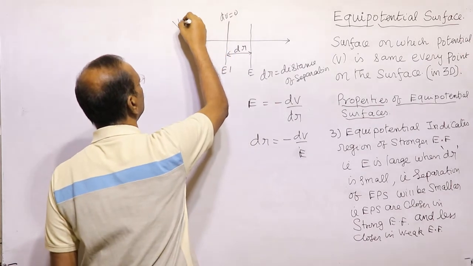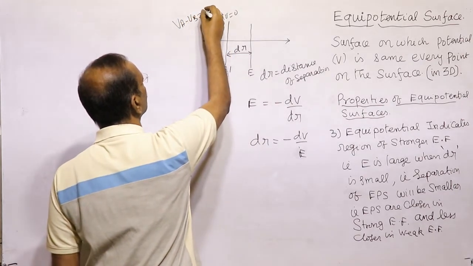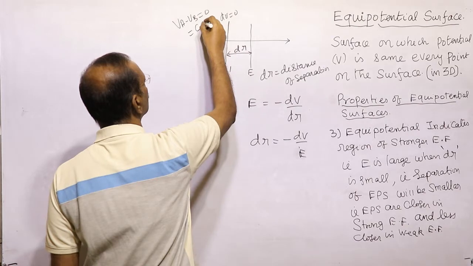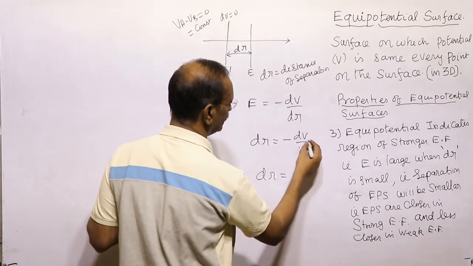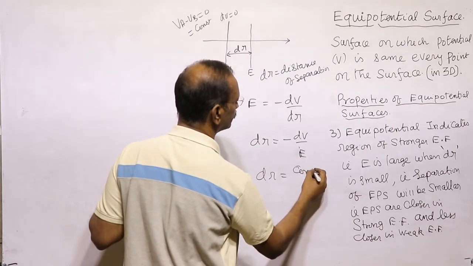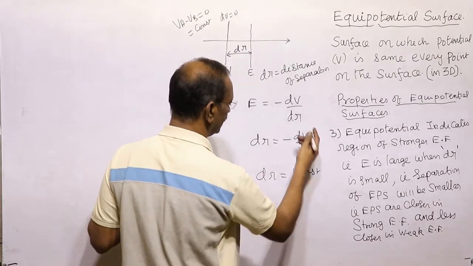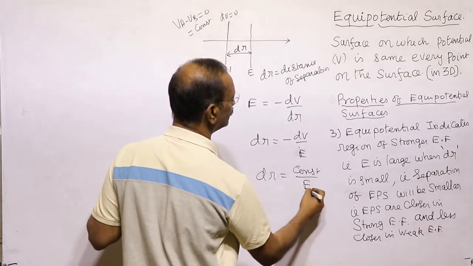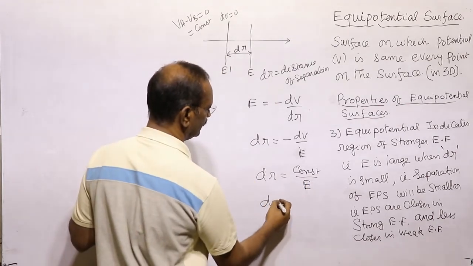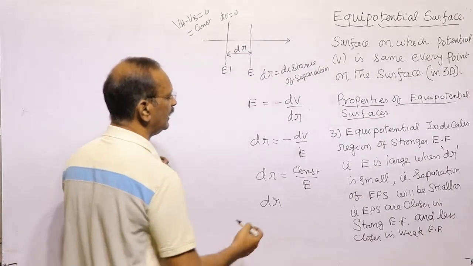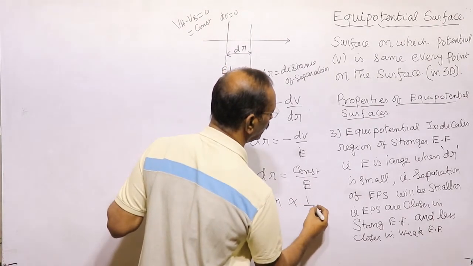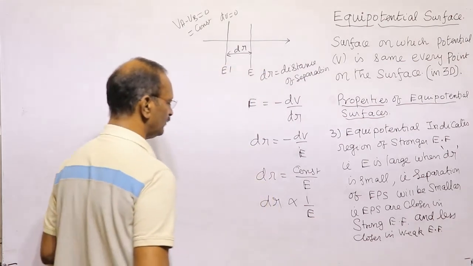That is, VA minus VB is equal to 0. That is a constant. Whether it is a positive constant or negative constant, we take it as a constant, divided by E. Or dr, the distance of separation between two equipotential surfaces, is proportional to 1 by E. It means what?